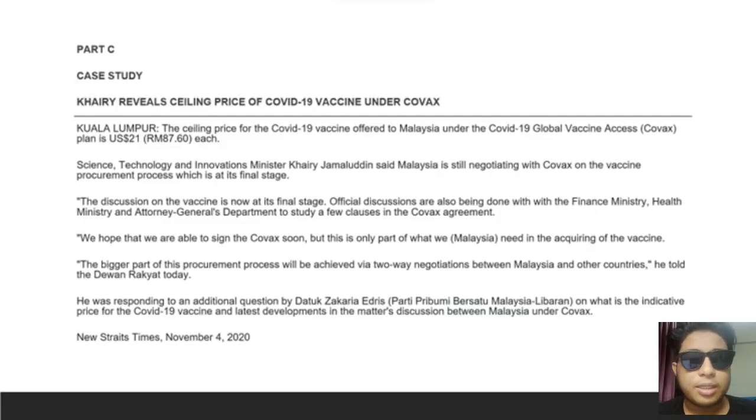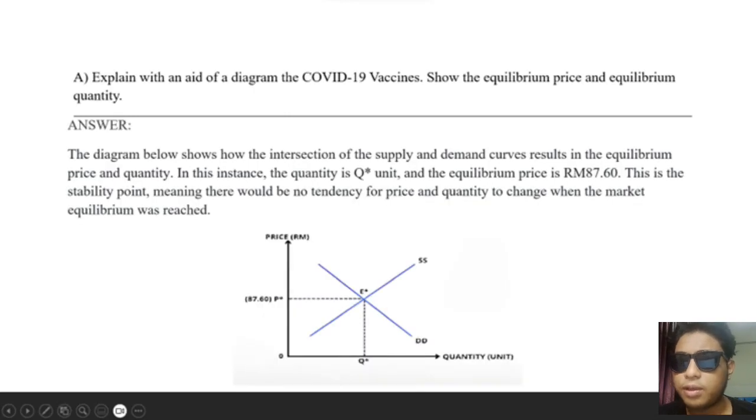Now we move to part C, question A. Explain with the aid of a diagram the COVID-19 vaccines. Show the equilibrium price and equilibrium quantity. So the answer, as we can see in the diagram below, the diagram shows how the intersection of the supply and demand curve results in the equilibrium price and quantity.